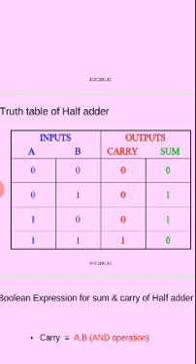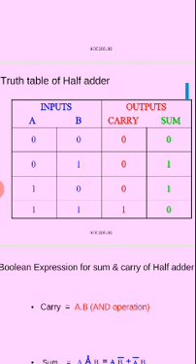It has 2 inputs A, B, 2 outputs carry, sum. Inputs are 2 and they are binary bits 0 and 1, so we get 2 power 2 combinations, means 4 combinations.